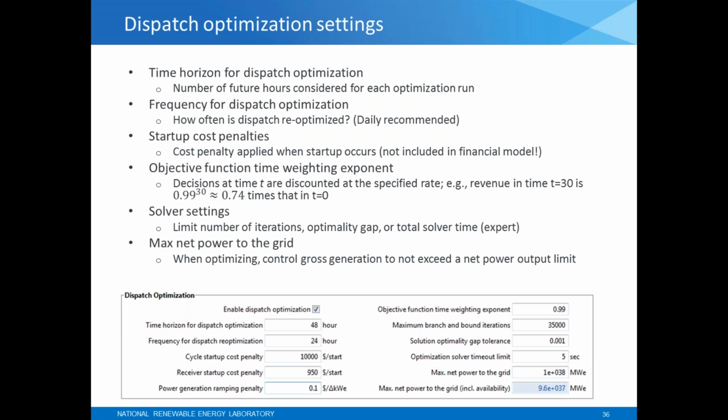And when it's making a trade-off between, say, do I operate this hour or do I just hold off, lose that energy, but not have to incur this cost penalty. So those are pretty powerful inputs and really can change the way the plant operates.